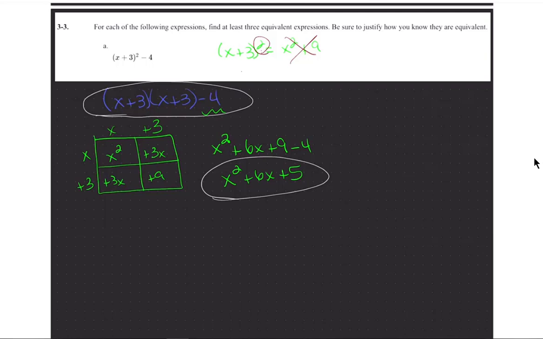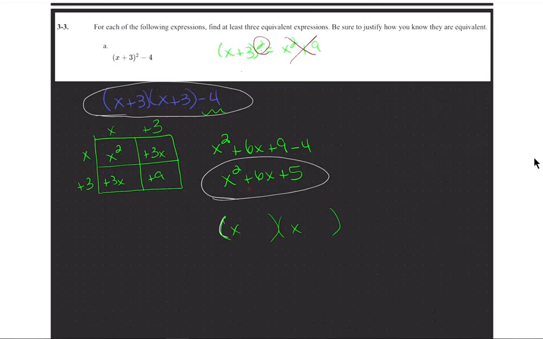This one, if you just left it as that 9 minus 4, is also an equivalent expression. But then I'm going to look at this and think, maybe I can factor it. So if I want to try and factor this to see if I can come up with another equivalent expression, to get x squared, I'm going to have x and x. I'm going to multiply to get a positive, so it's either got to be a positive positive or a negative negative.